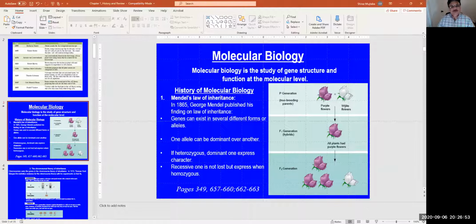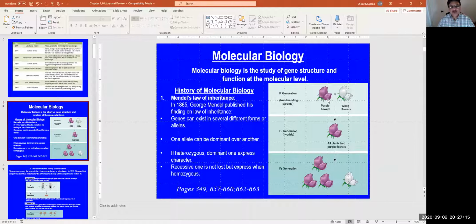Mendel used pea plants as his model system, and he looked at various characteristics. What amazed him was that the characters passed on from one generation to the next were passed on in a formula.